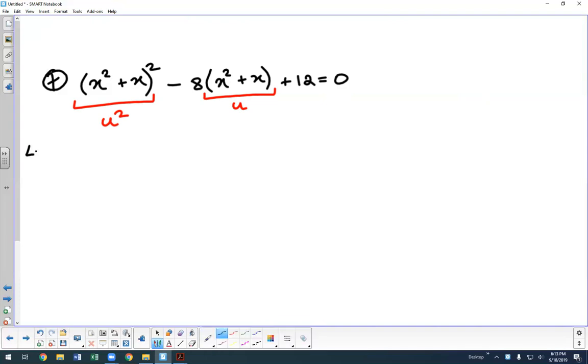So we would say, let u equal x squared plus x, which means if I were to take u to the second power, that would mean I take these parentheses to the second power, which will give me my leading term. Okay, so let's do our substitution.